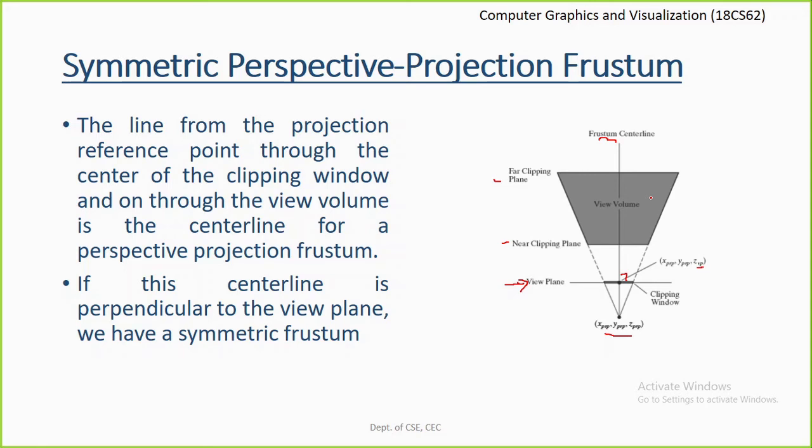So if the line from the projection reference point through the center of the clipping window and through the view volume is perpendicular to the view plane, we call it a symmetric frustum. It splits the frustum into two symmetric parts.